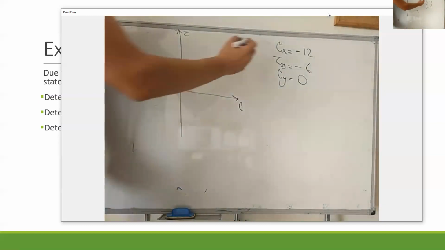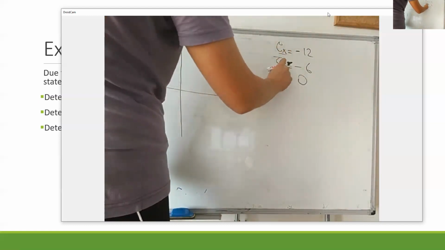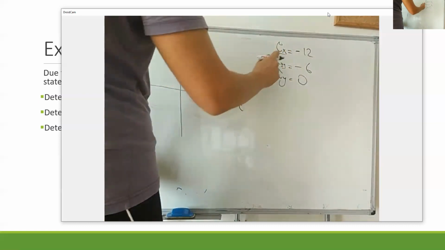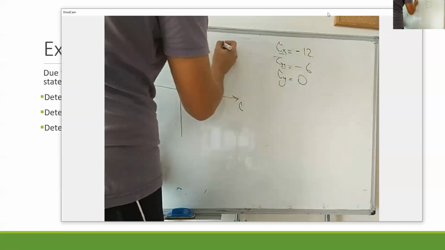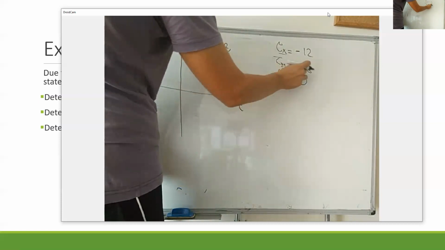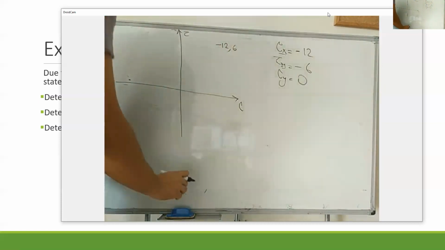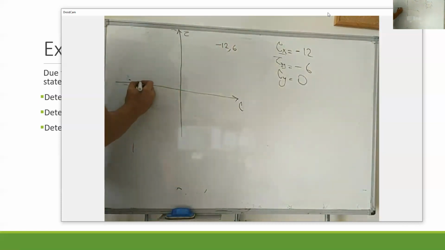You can remember that it is sigma x, negative tau xy. So the first point is negative 12, and negative tau xy is positive 6. So I mark negative 12, then positive 6, and this is my first point.